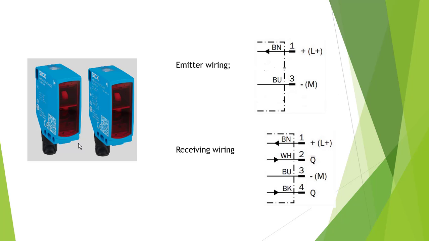On the receiving side, we have brown, white, blue, black. Brown is positive, blue negative, white connects normally closed. Okay, Q is examine off. Black is examine on. Q is reverse Q.